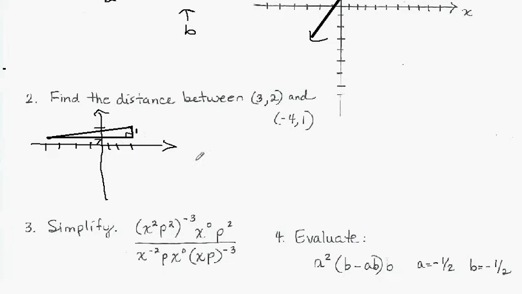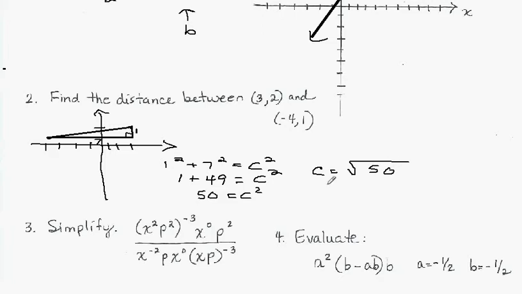So we're going to get 1 squared plus 7 squared equals c squared. So that's going to be 1 plus 49 equals c squared. And you'll remember I did this problem in class. So you get 50 equals c squared. C equals the square root of 50. And we did that in class, and we got 5 square root of 2 as the answer for that one. Most of you got that one right as well.